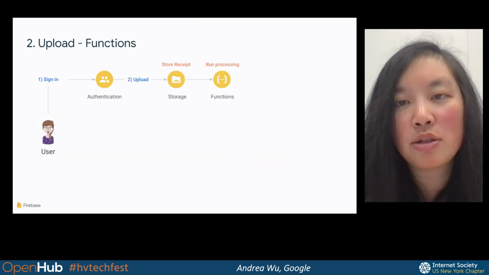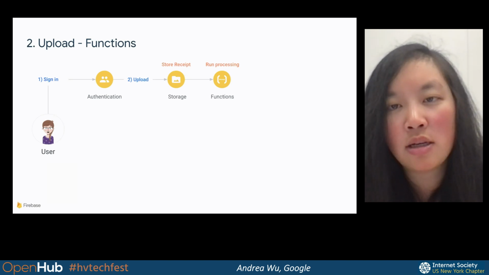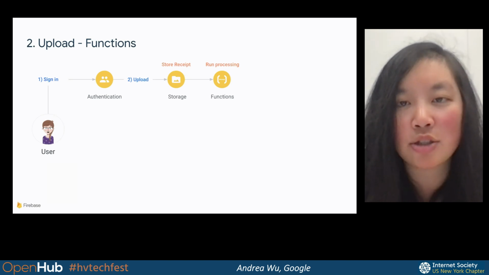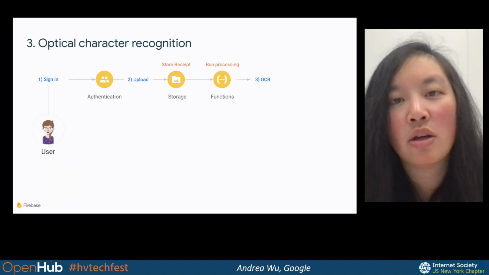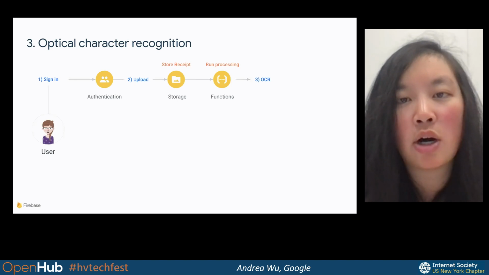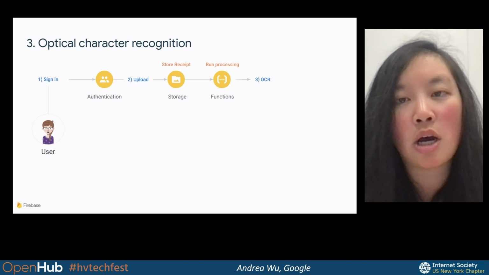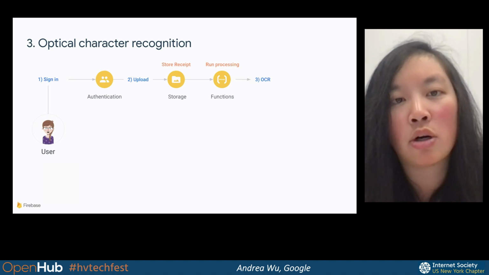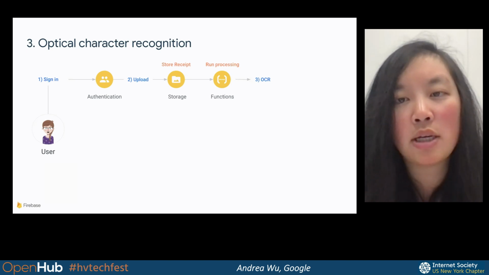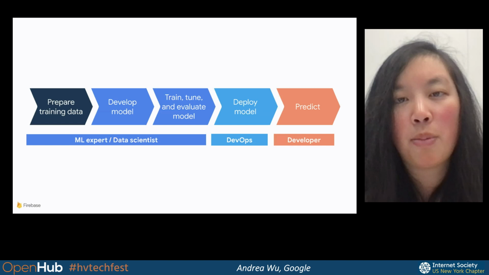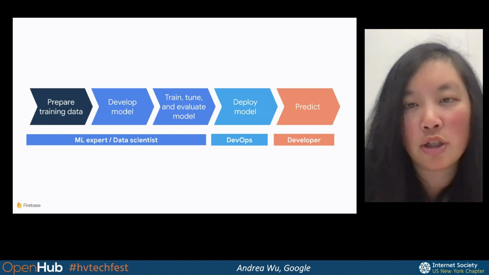So we know we're going to use functions to run our processing, but what are our functions actually going to do? Well, we need some machine learning to help us extract the numbers from the receipt, also known as optical character recognition or OCR. And we want to get this done automatically, but I don't really know how to do machine learning.